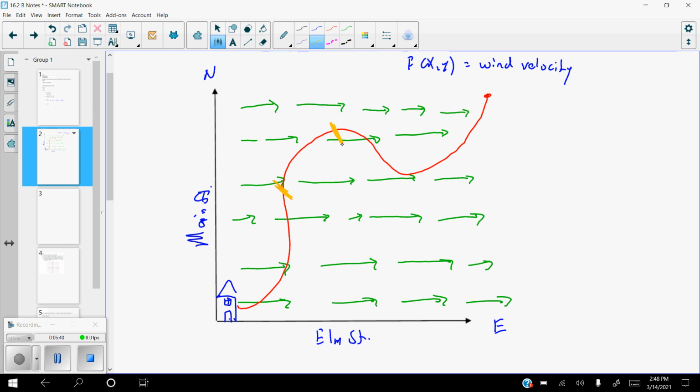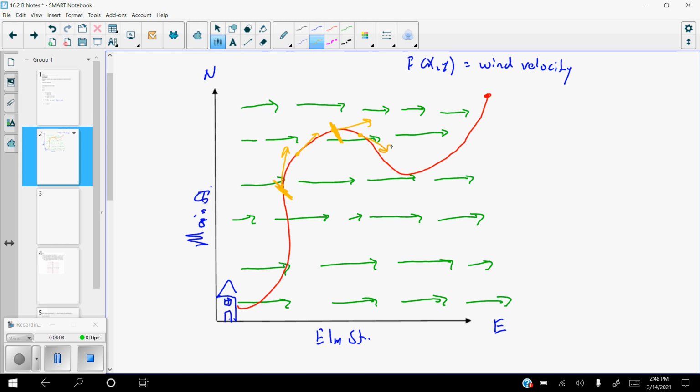Each place along that region, I'm going to have a tangent vector from my position. And it's going to be different depending on where I am. And you should be able to see that the tangent vector is going to be based upon your position.